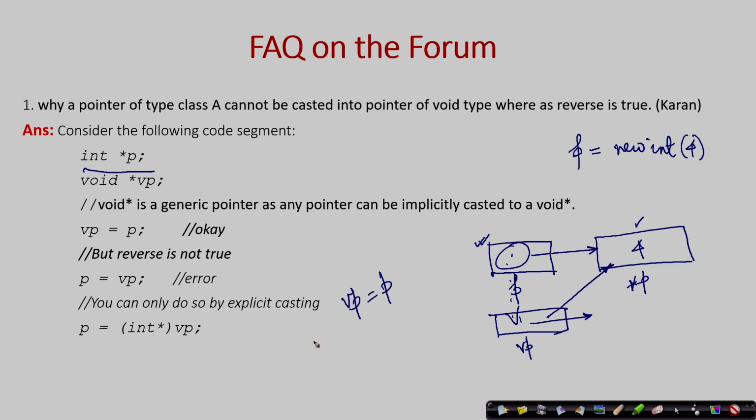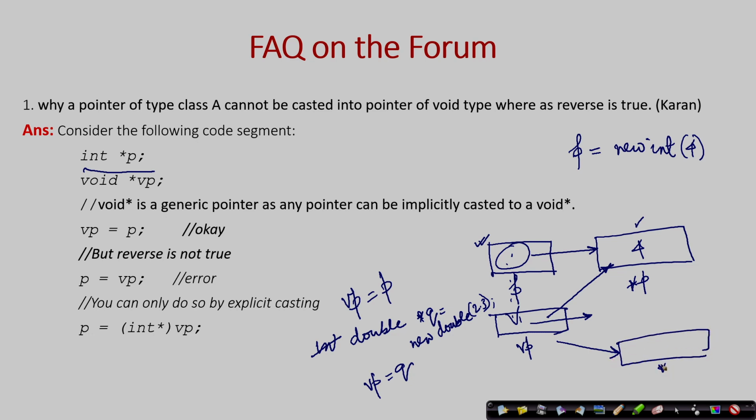If I had, let us say, double star q assigned new double 2.3, and then I do VP assigned q, then VP will in turn point to q, which is 2.3. Here I do not know what the type is, so I can put any type into that.